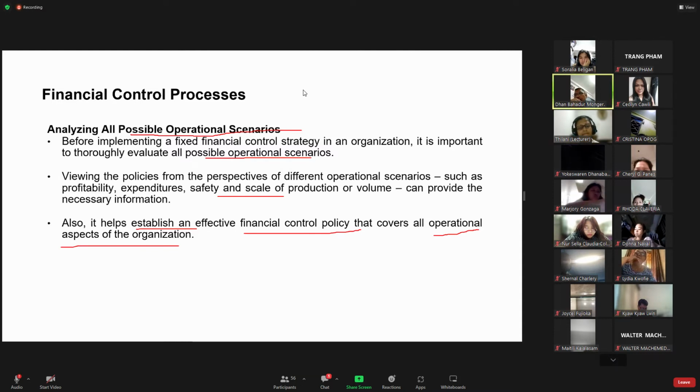Operational scenario, what I understand is, while operating the business, we have to study the market and analyze the consumers, and the demand of the market.